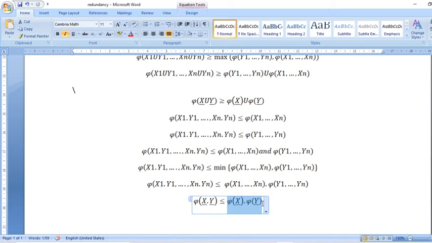If we have a spare system and we put the spare in series, it is better than connecting the components in series. Connecting the system in series is better than connecting the components in series. The performance of the whole system will be better.